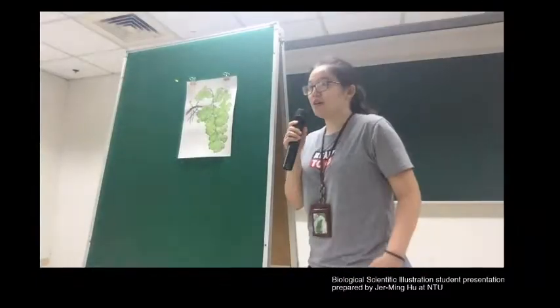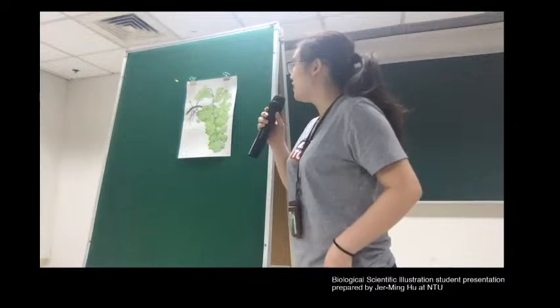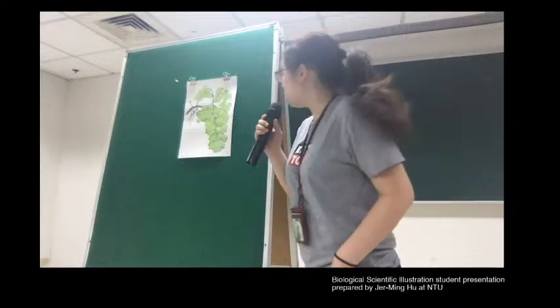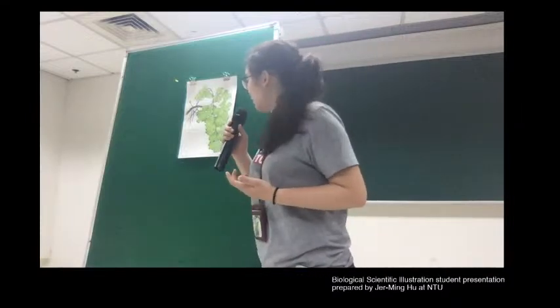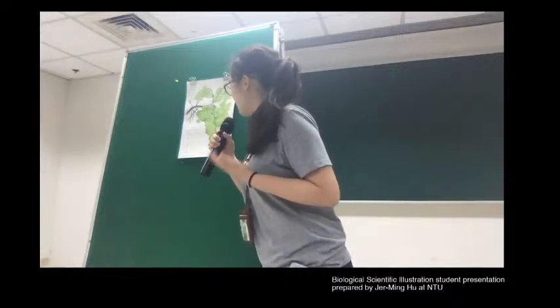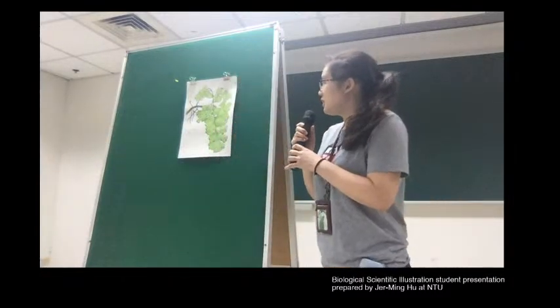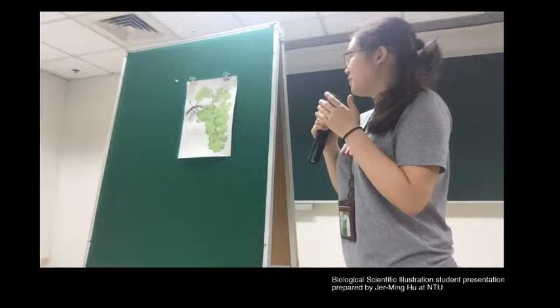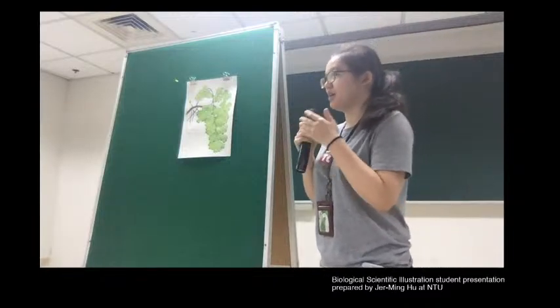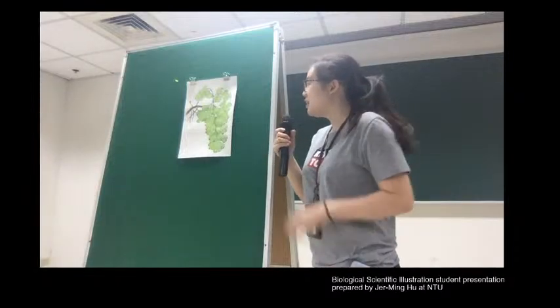Okay, hi everyone. I'm from the forestry department. I am Yaxing Liu, and my topic is 铁线蕨, also known as maidenhair fern. The scientific name is Adiantum capillus-veneris. This is a very popular foliage plant. It has a lot of varieties.